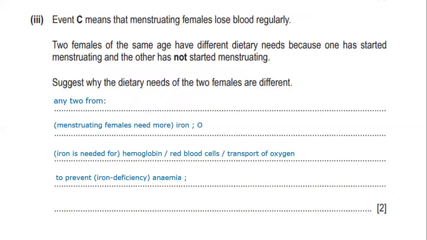Event C means that a menstruating female loses blood regularly. Two females of the same age have different dietary needs because one has started menstruating and the other has not started menstruating. Suggest why the dietary needs of the two females are different.